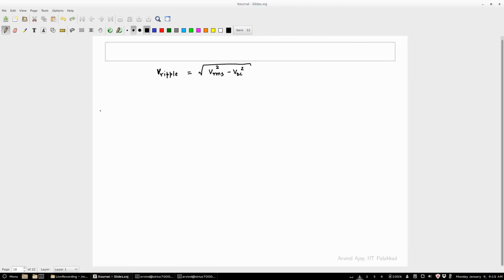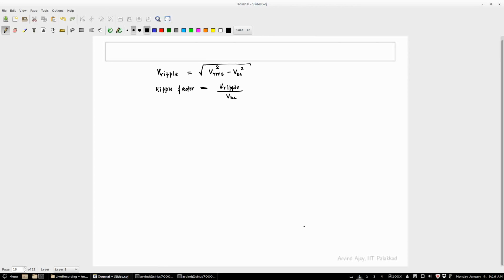And so you can find something called the ripple as the square root of V RMS squared minus V DC squared. Okay, and you can then compute what's called the ripple factor, which is the ripple divided by VDC.